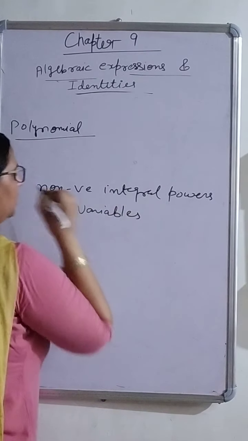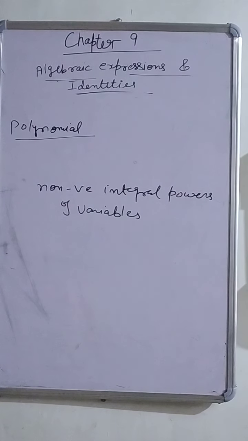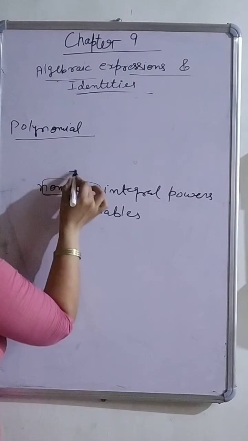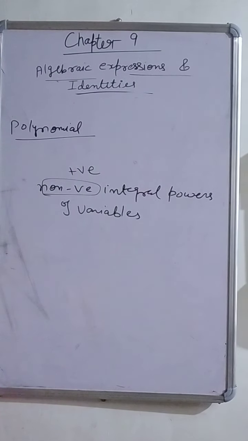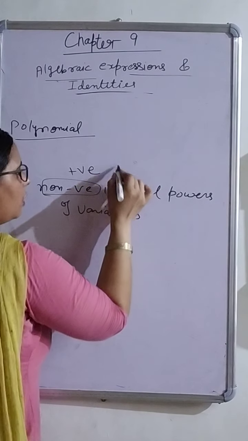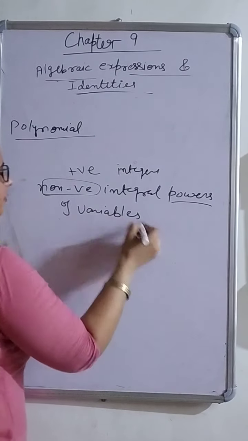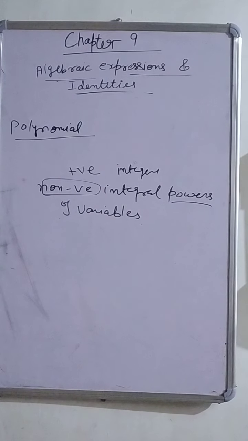So see, non-negative, that means which is not negative, means what? Positive. Integral is used for integers, powers of variables. So an expression in which powers of variables are positive integers.